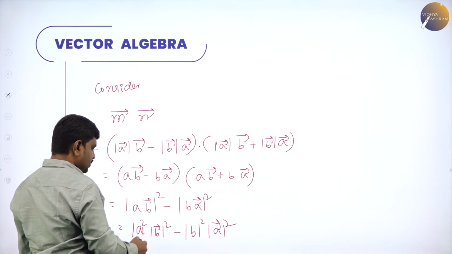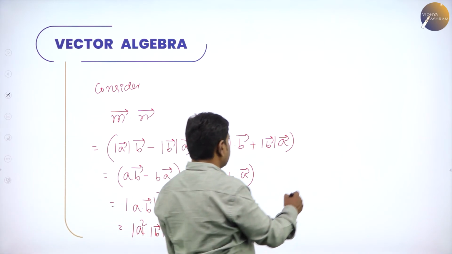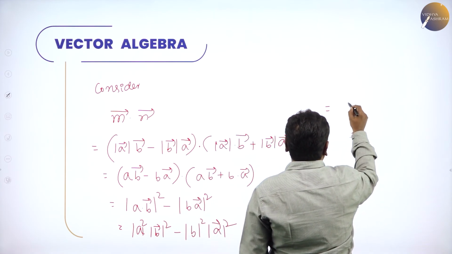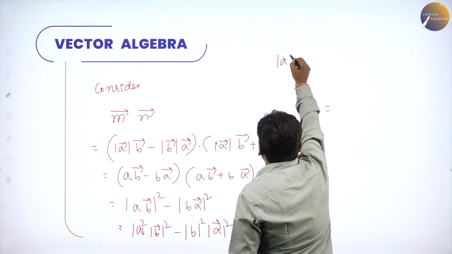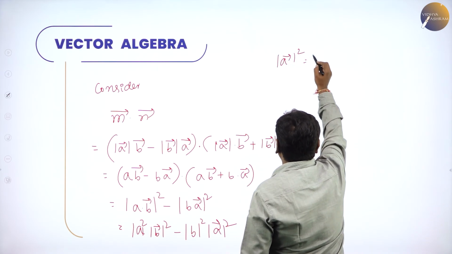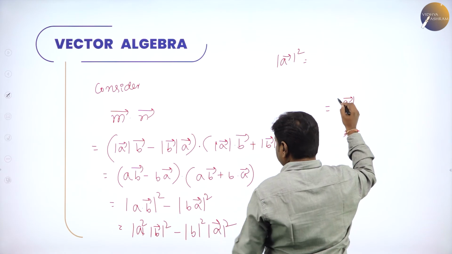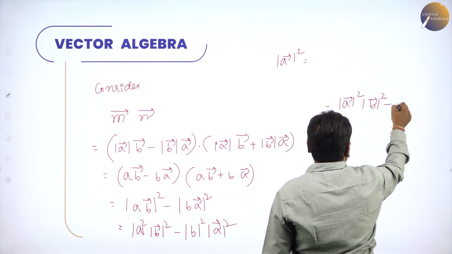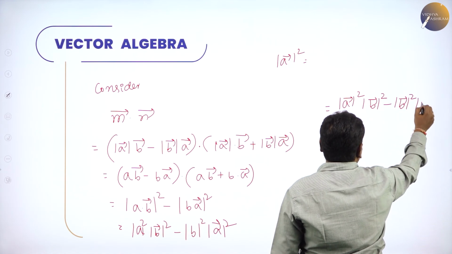You know these two are the same. If you substitute it, the magnitude of vector a square is a dot a. So it becomes |a|²|b|² minus |b|²|a|².